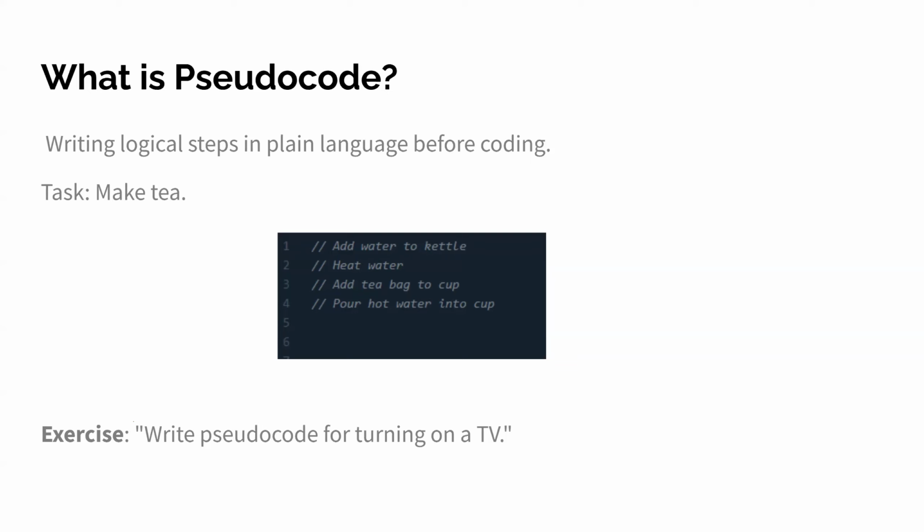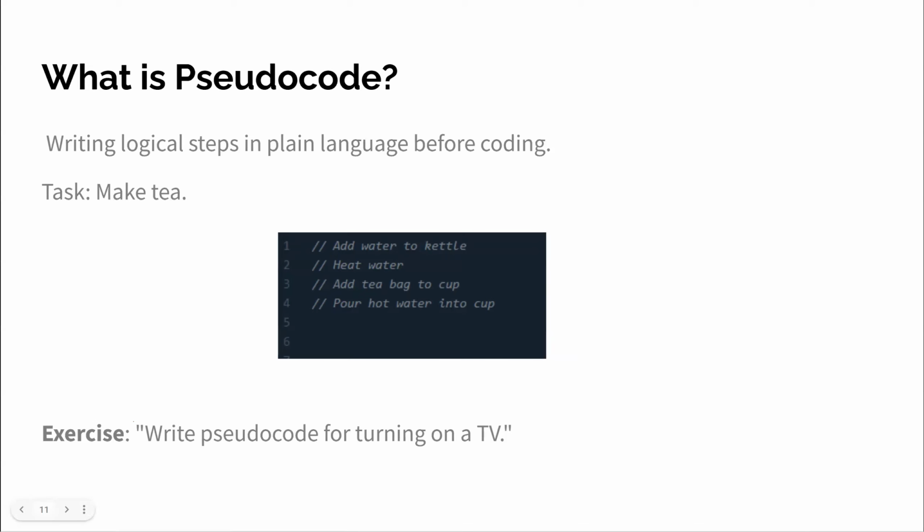But in pseudocode, we do this. We write pseudocode before we start developing. We have an exercise: write pseudocode for turning on a TV. Any contributions? Turning on TV: plug in TV, pick up remote, put batteries, and so on, push power button.